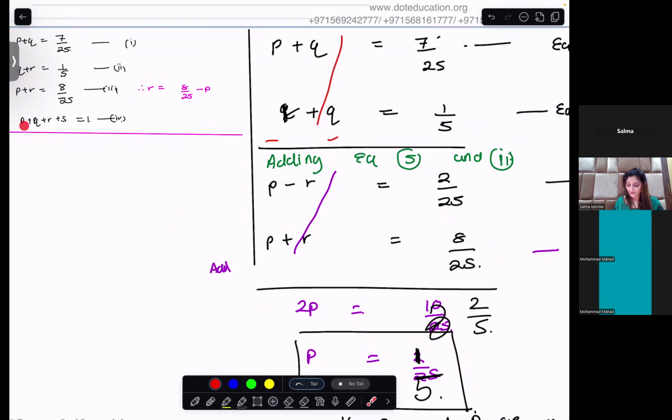Now you need to understand one part: if C and D are mutually exclusive, then the probability of both of them together will be less than or equal to 1. What does this mean? If C and D are mutually exclusive, I would have C, I would have D. If nothing is over here, then C plus D would be equal to 1.